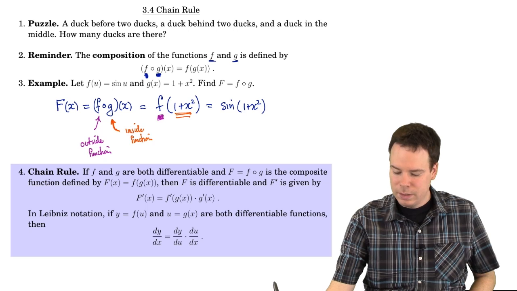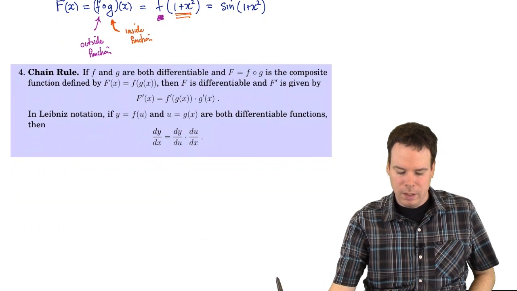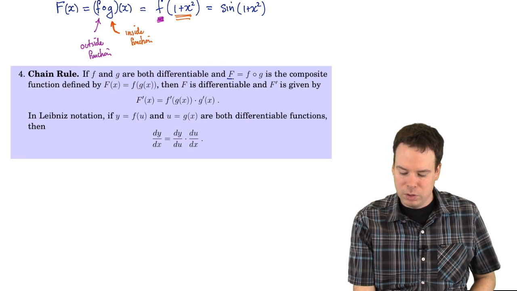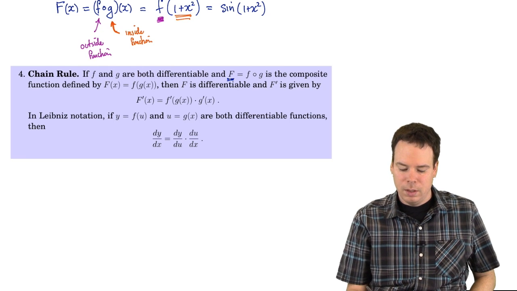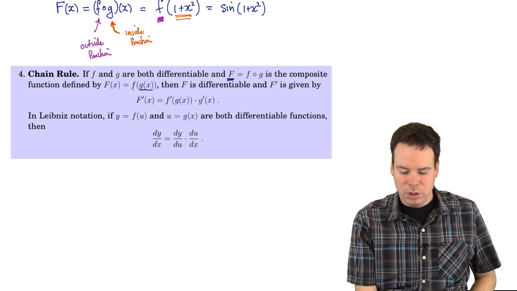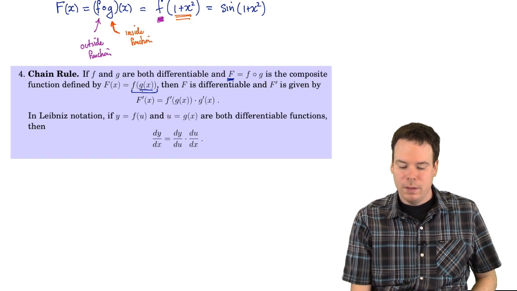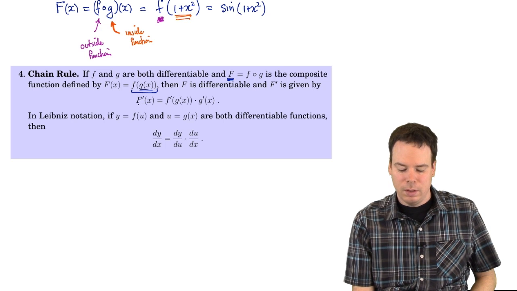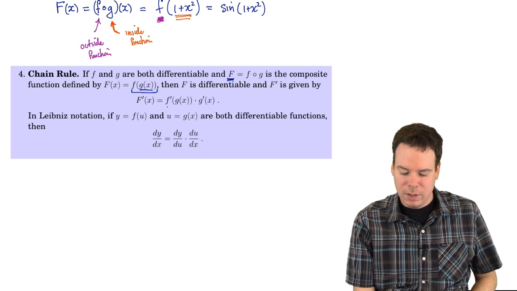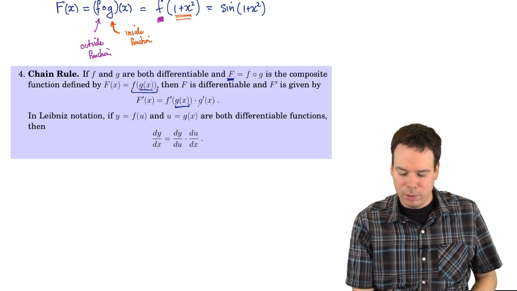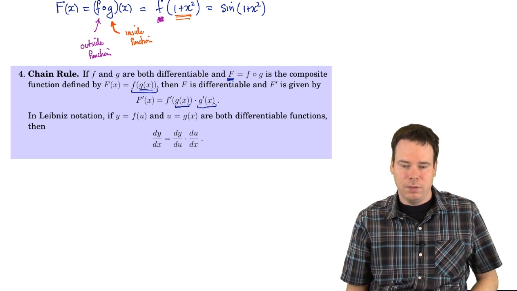Okay, so here's the statement of the chain rule. If you have two differentiable functions, f and g, and you look at their composition, which we'll call big F, defined to be first apply g and then apply f of that, so the composition is f composed with g, then the derivative of big F is obtained by first taking the derivative of the outside function and evaluating it at the inside function, and then multiplying that by the derivative of the inside function.